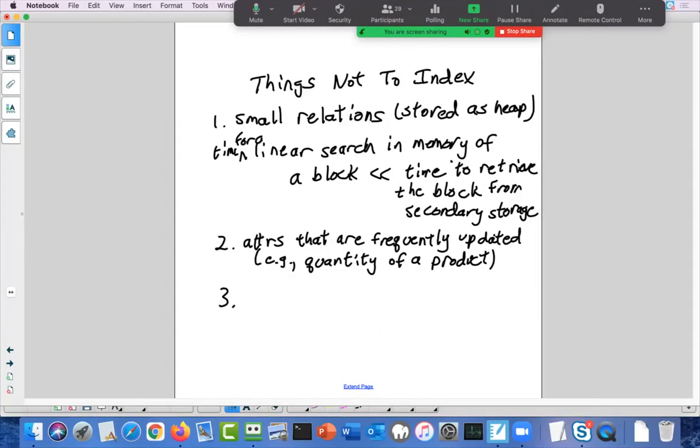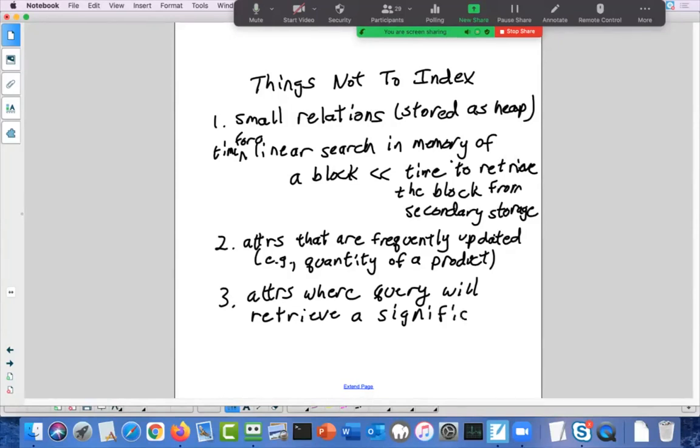Okay, attributes where the query will retrieve a significant portion of the relation.